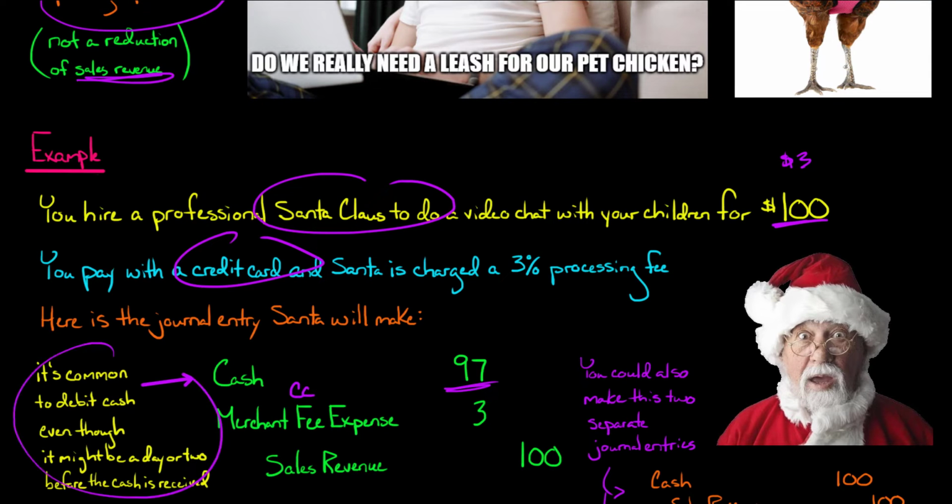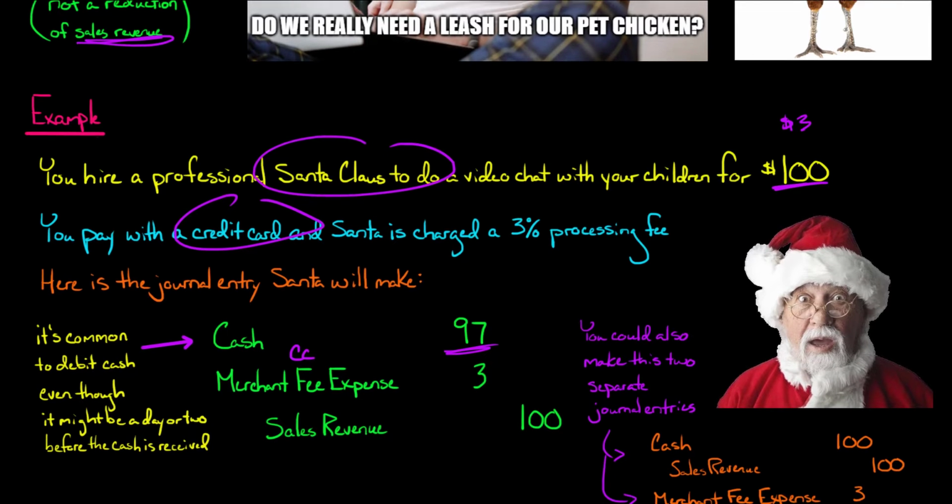Now, you might be wondering, does Santa immediately get the $97? No, it might be a day or two before Santa gets the money with the whole transaction processing. So you might think, why don't we just record an account receivable here instead of cash? You technically could do that, but in most situations, it's easier to just increase the cash account because Santa's going to receive that money pretty quickly.